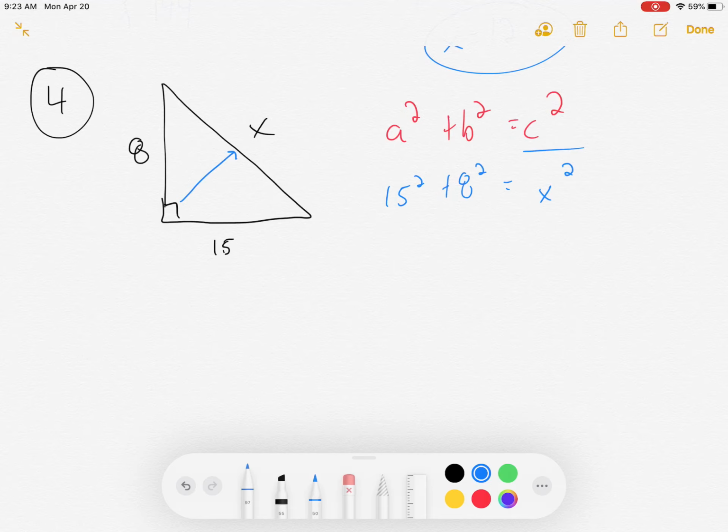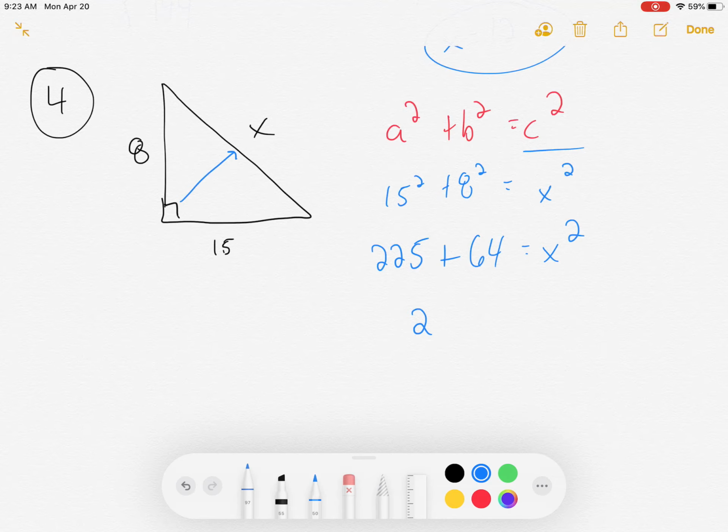Okay, let's figure out what 15 squared is. 15 squared is 15 times 15, or look at your perfect squares card. Either way, we should get 225 plus 8 squared, which is not 8 times 2, it's 8 times 8. 8 times 8, perfect squares card or calculator, whichever way you do it, you should get 64, equals x squared.